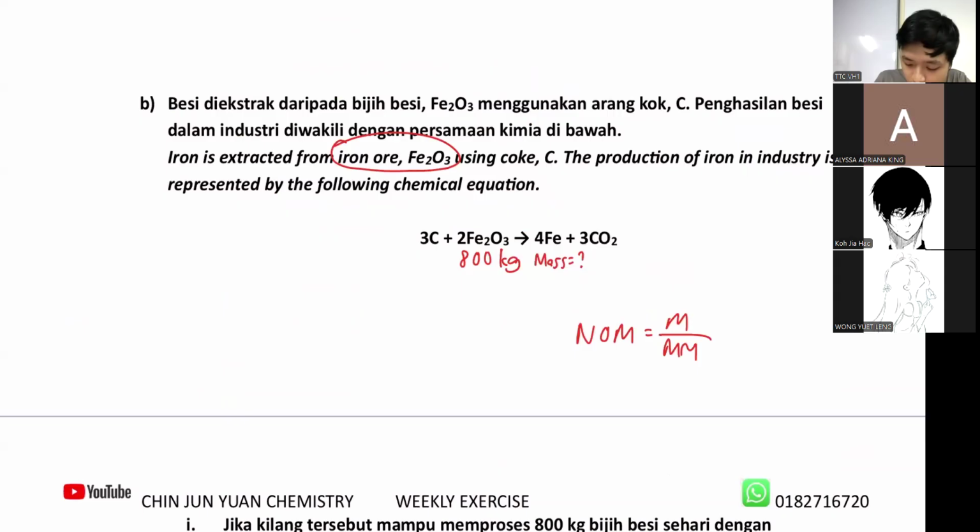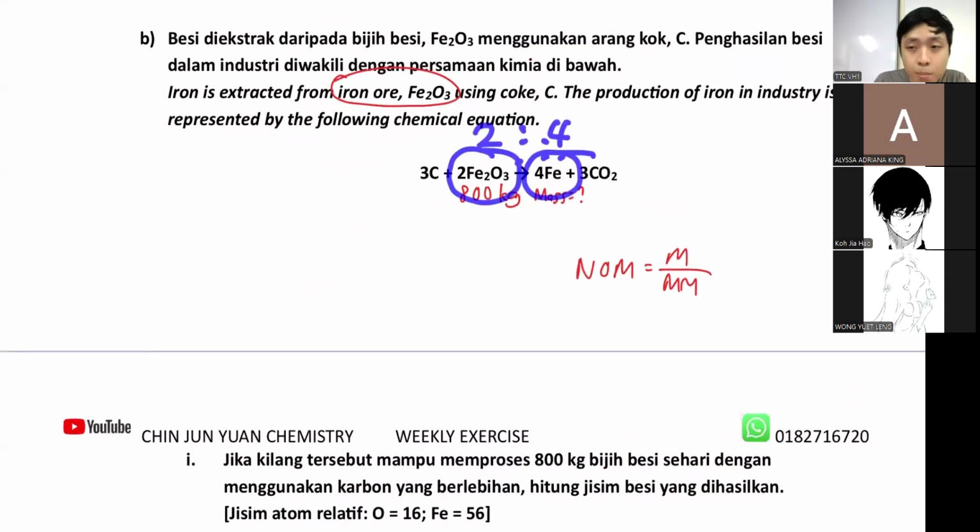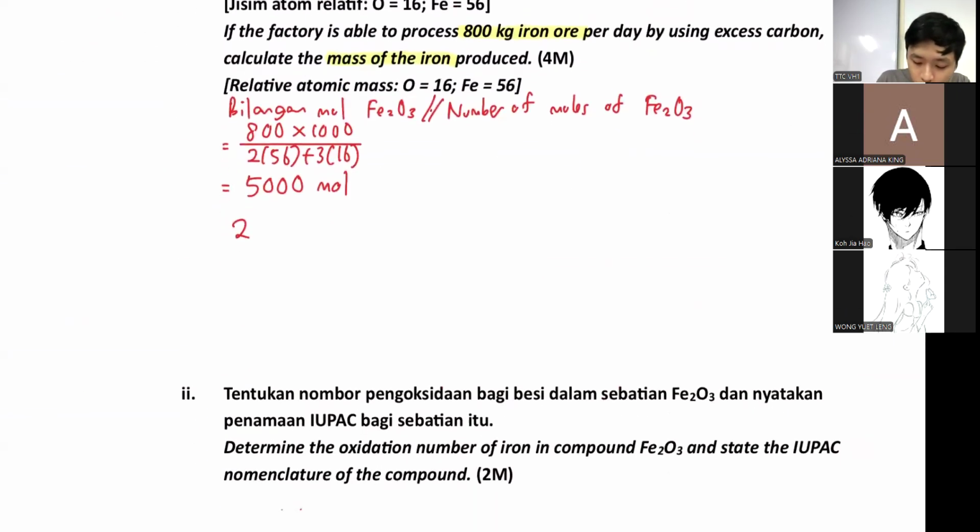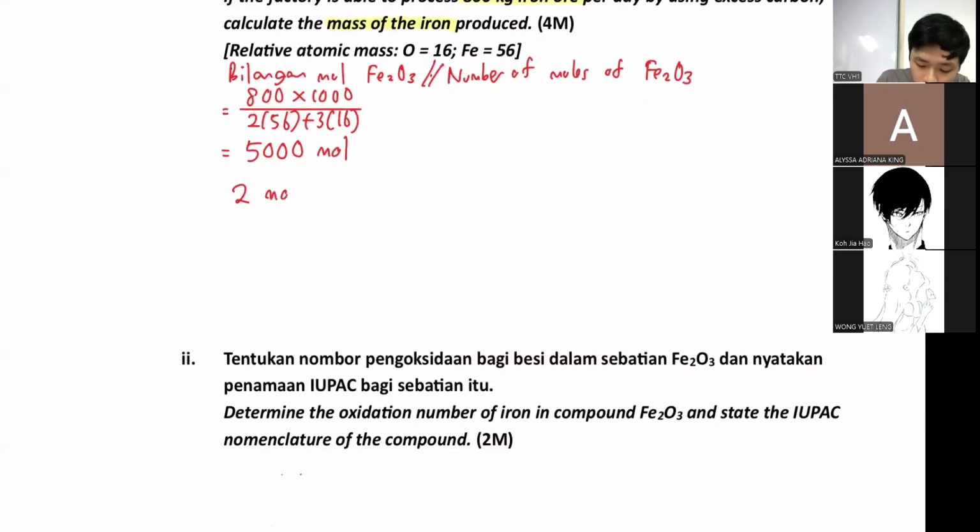Ratio Fe2O3 to Fe. If you see it's 2 to 4, right? And right now, based on the equation, the ratio is 2 mole of Fe2O3 will produce 4 mole of Fe. If your school teacher normally asks you that, just write a sentence, you write produce. And then 5,000 mole means you have to multiply by 2, right? You get 10,000 mole of Fe.